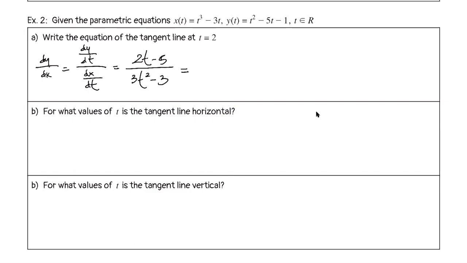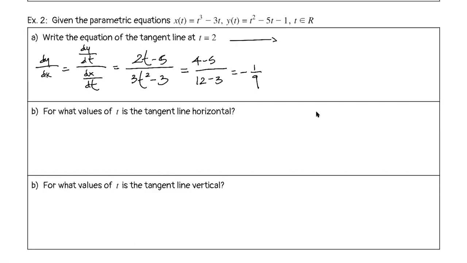That's, in general, my dy/dx. Now I'm going to plug in 2 for t, so I get the slope at the point that I'm interested in. That's going to give me 4 minus 5 over 4 times 3 is 12 minus 3, or negative 1/9. And that's going to be the slope for my tangent line.